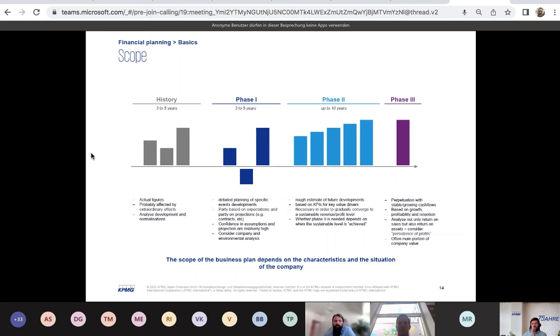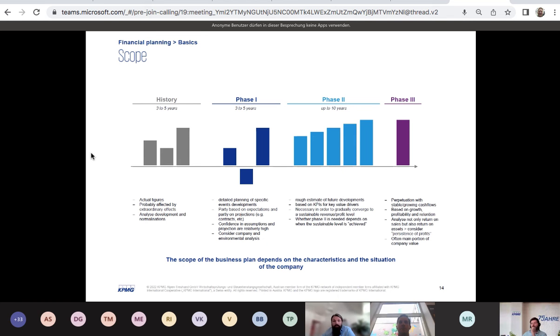I guess you heard about it in the lectures. So this is the assumption that the company will develop constant, or remain constant, or with constantly growing cash flows, right? In between the two, you can opt for a phase two, right? It is not necessary to have a phase two, but you can do it.